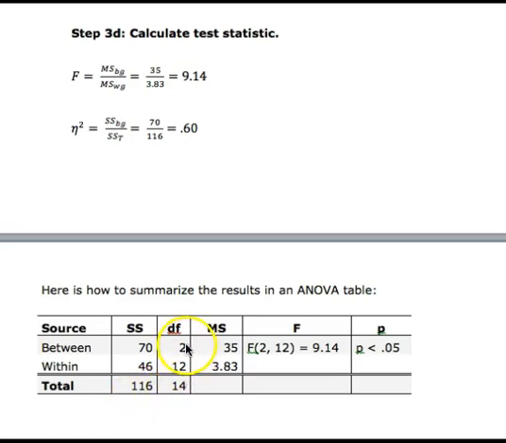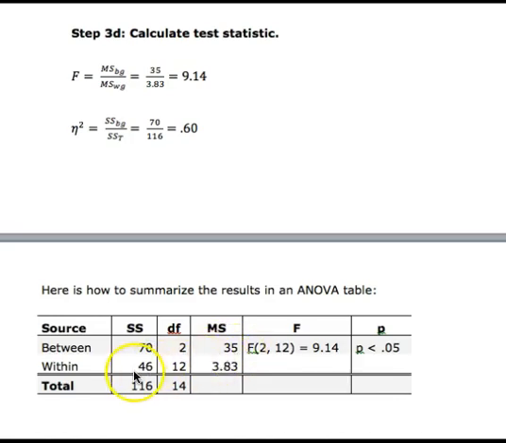Degrees of freedom between was 2. Degrees of freedom within was 12. Degrees of freedom total was equal to 14. When you add these two together, 2 plus 12 should equal 14. With me so far? Good. So now mean square, right? We take sum of squares between, 70, divided by degrees of freedom 2, which gives us 35.